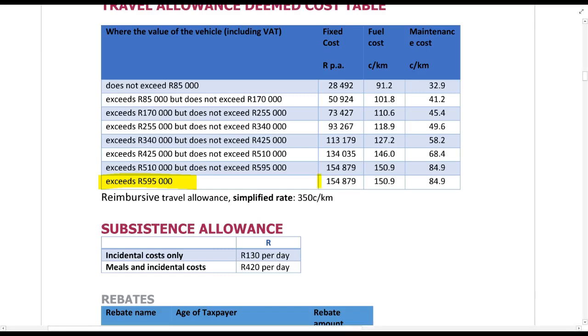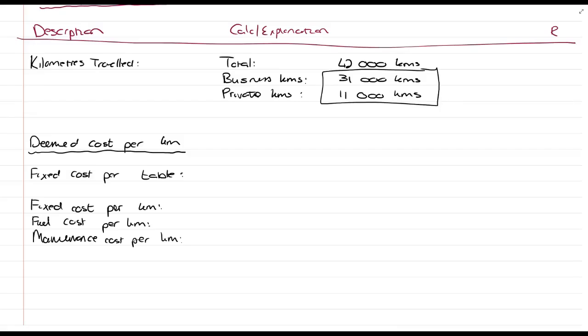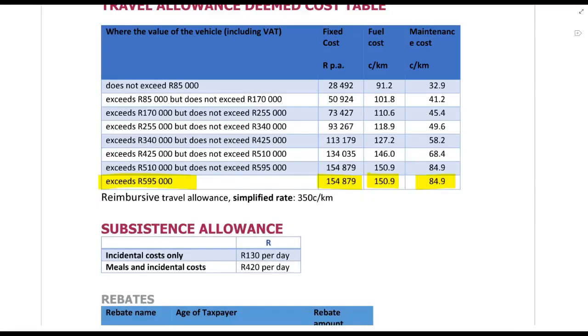So 154,879, 150.9, and 84.9. Sorry, what was the amount? 879.